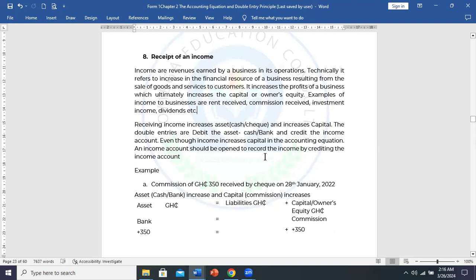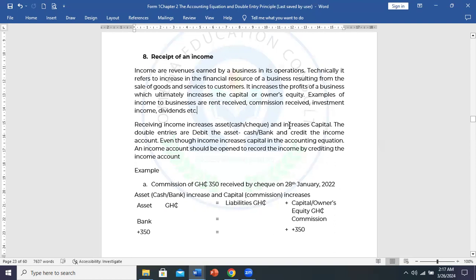So an example here is commission of 350 received by check. So we have received a commission by check, so our asset, bank, will increase. So we debit the bank account and we credit commission. Why are we crediting commission? Because from the summaries, we saw that when income increases, we credit it.